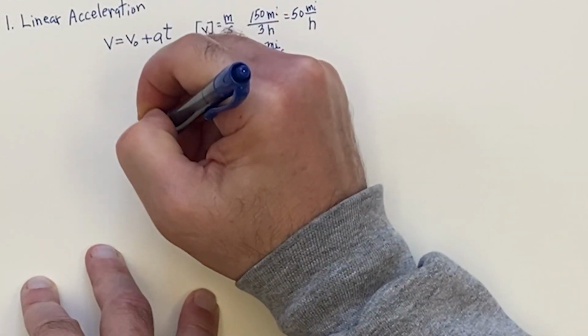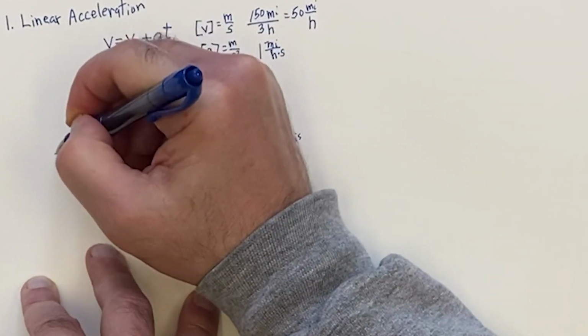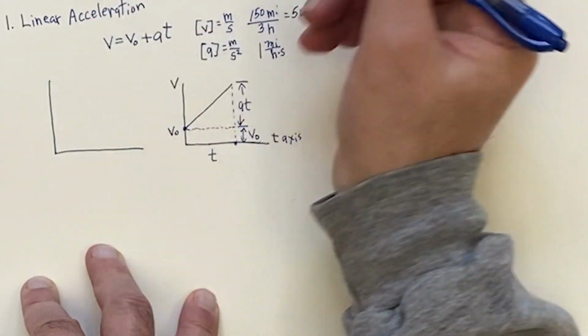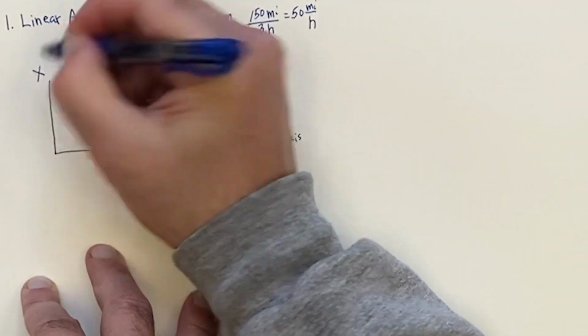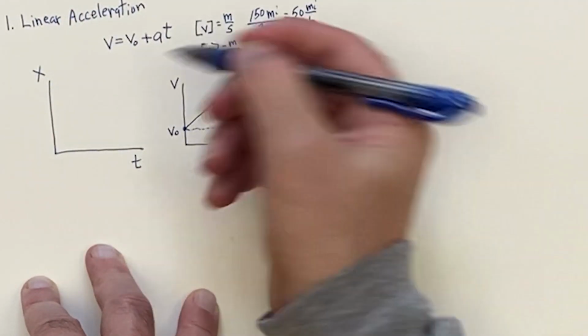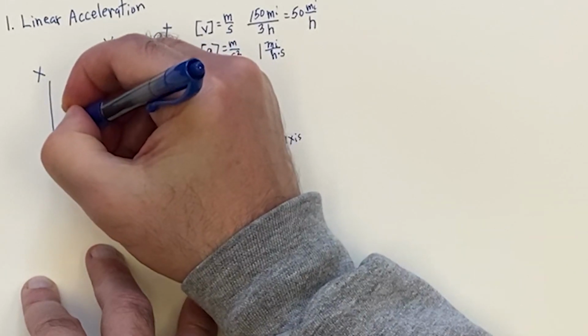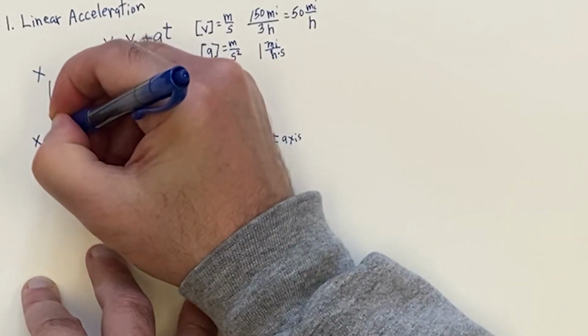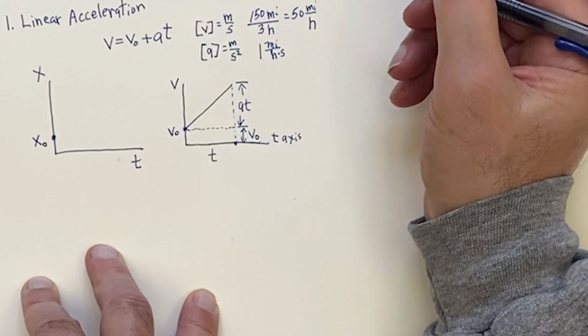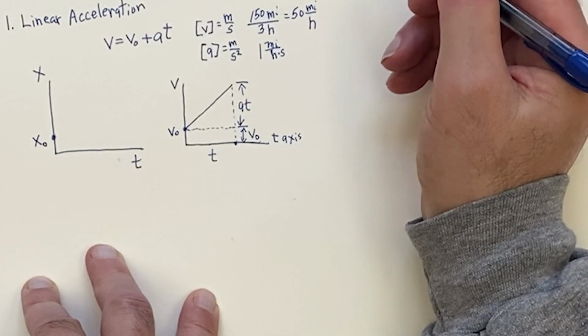Now, a nice thing about this is that if you look at where x is, where your distance, so we're looking here, say x and t, and say we can start off at some x naught, some initial place when t is equal to 0.